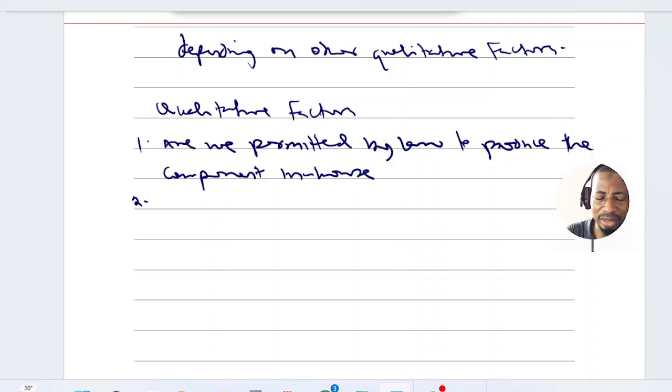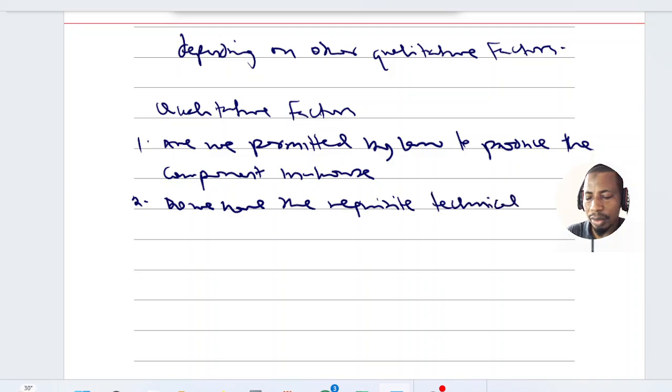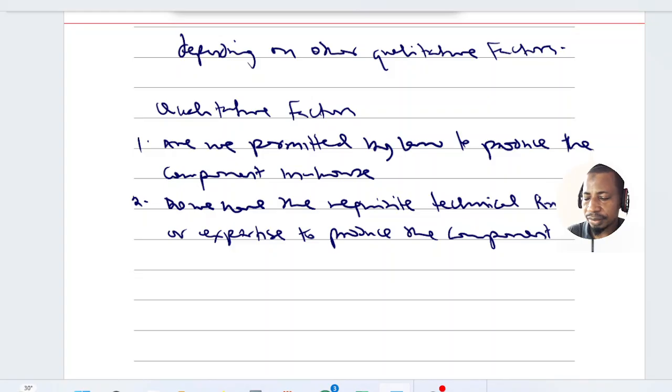Therefore, you need to ask yourself, do we have the requisite technical know-how or expertise to produce the component internally?